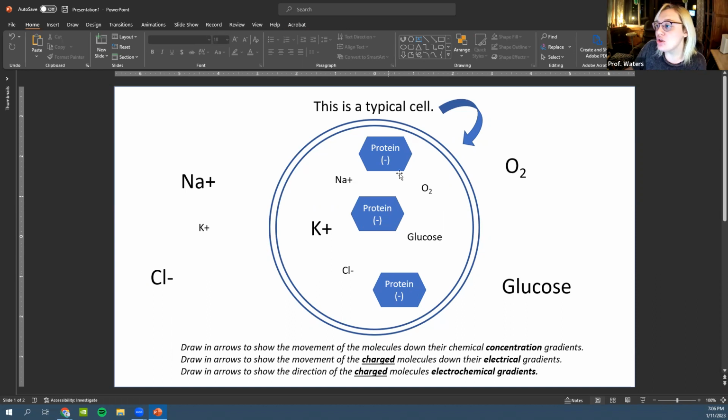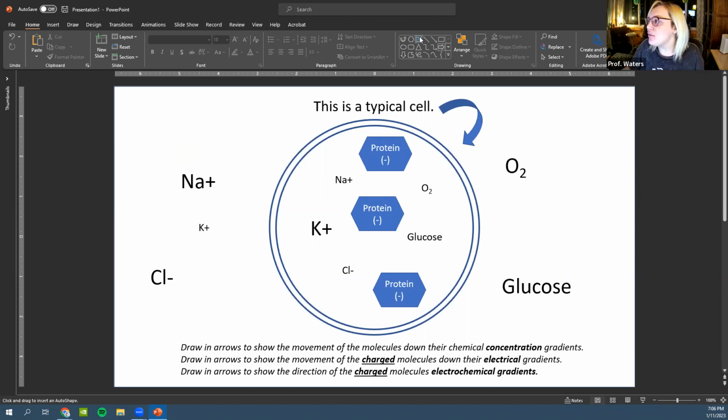So I want you to draw in arrows going down the gradient. If it's a positive ion, it'll want to move from the positive to the negative, and then vice versa, negative to the positive.